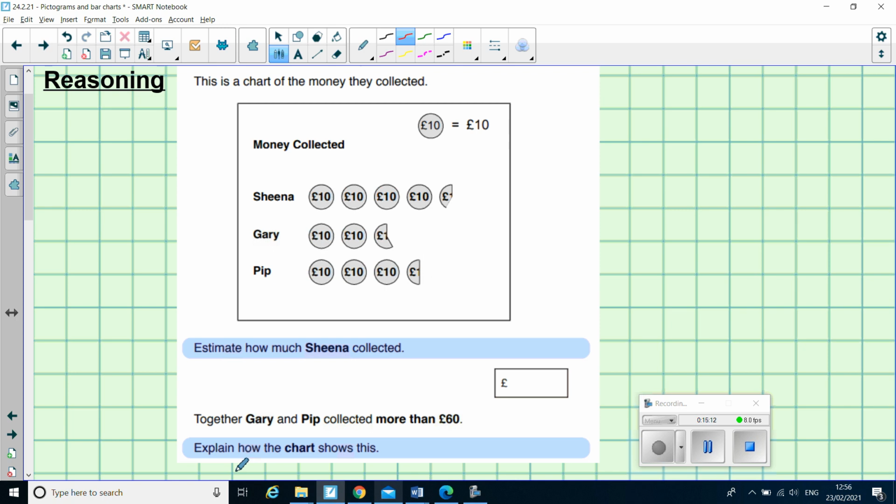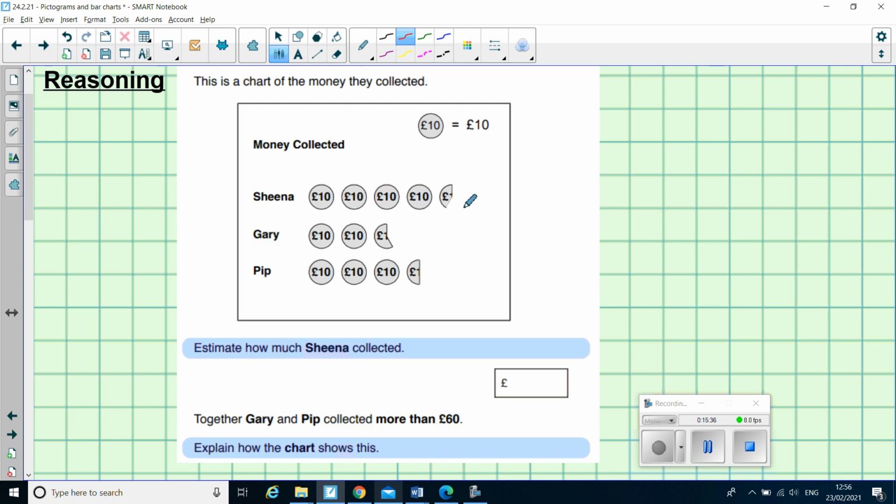Okay, let's see how you got on then. So Sheena, we're estimating how much she collected, but we've got 10, 20, 30, 40, and we've got this bit here. Okay, so we know it's £40, and then what we've got to decide then is how much this bit is worth. Now, it's not worth half of a £10, but it's worth a little bit less than that.